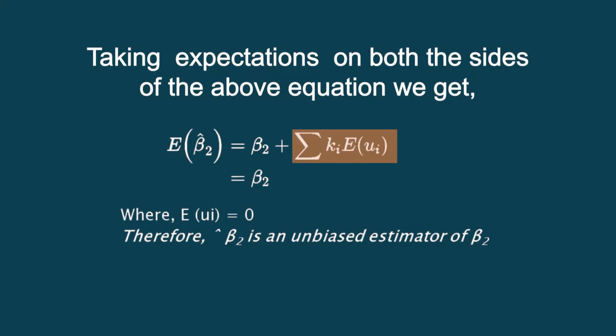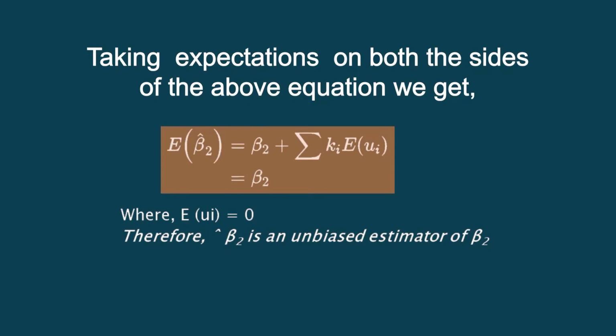Because beta 2 hat is the sample statistic, on average it should be equal to the population parameter, plus summation of ki, which is already there because it is a weight, and expectation is introduced just before ui, because we are always after the zero mean assumption of the error term. So we can see that expectation of ui boils down to 0. So it ends up with the final expression, which is expectation of beta 2 hat equals beta 2, as expectation of ui is 0.